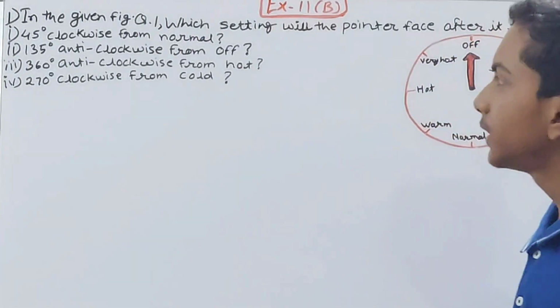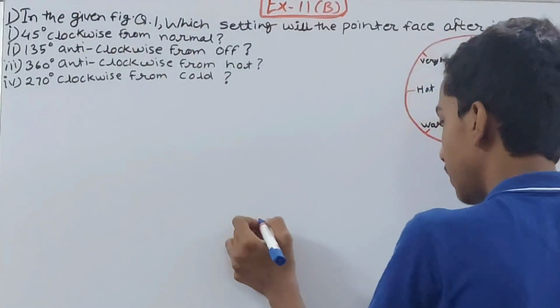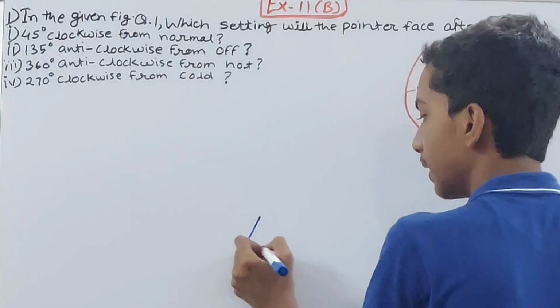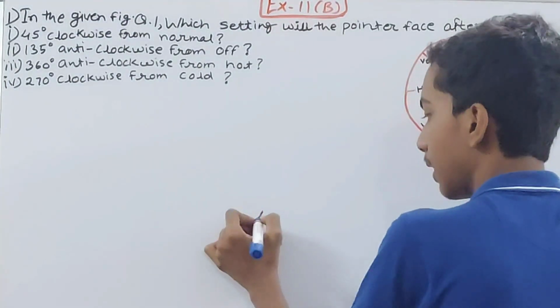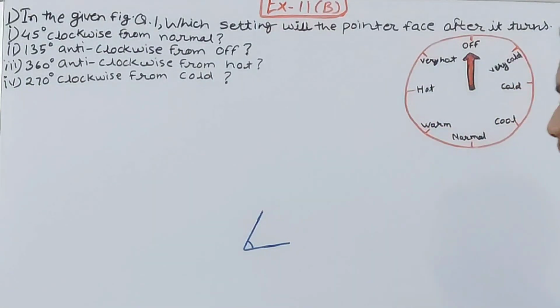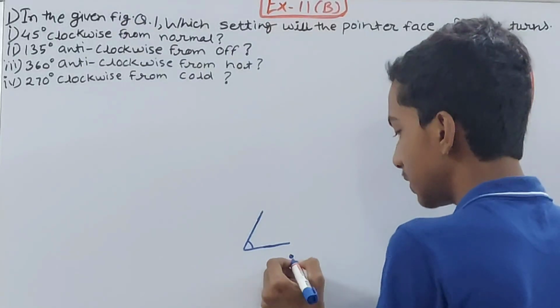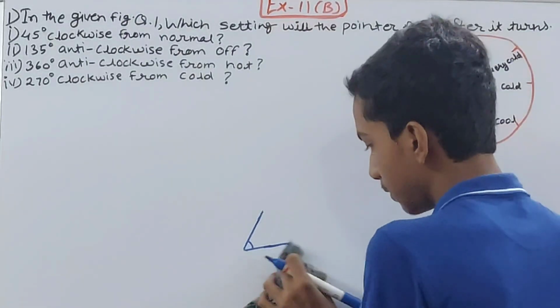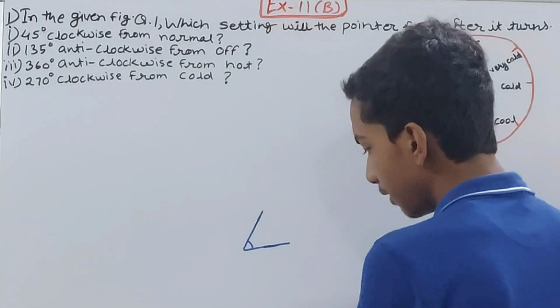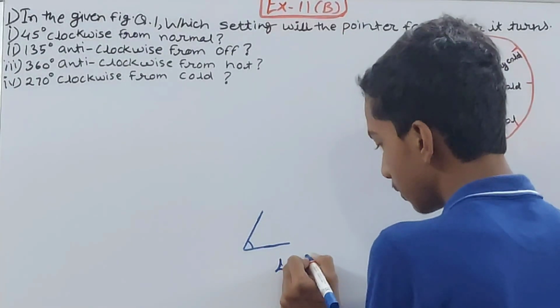First of all, we'd like to see what these are. In the previous exercise we studied angles and many types of angles, and now we will study how to measure them. What is the unit? You can see numbers written like 45 here, with a dot on the top.